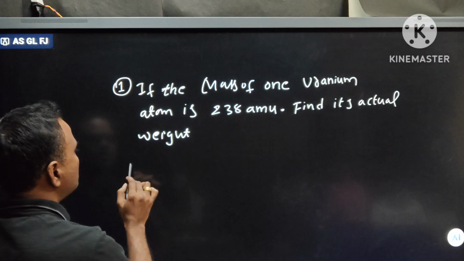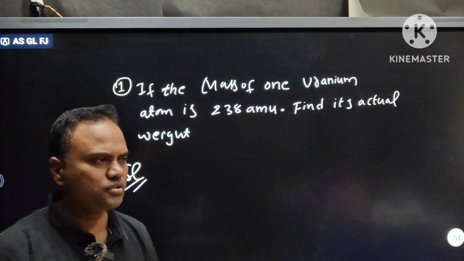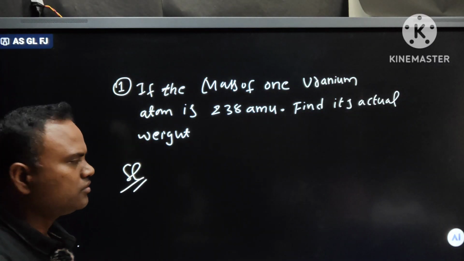Find its actual weight. See, when you get the question, find the actual weight. Actual weight means you have to expand the value only. You have to expand the value.